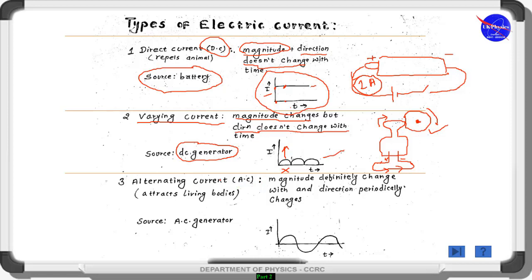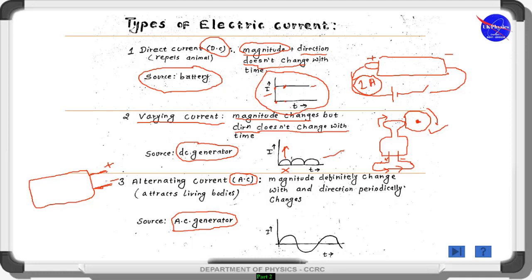And finally, the alternating current. Alternating means the polarity changes with time. The source of alternating current is the AC generator. In a hydroelectric powerhouse, there is an AC generator with two terminals, and in this generator its polarity always gets changed.